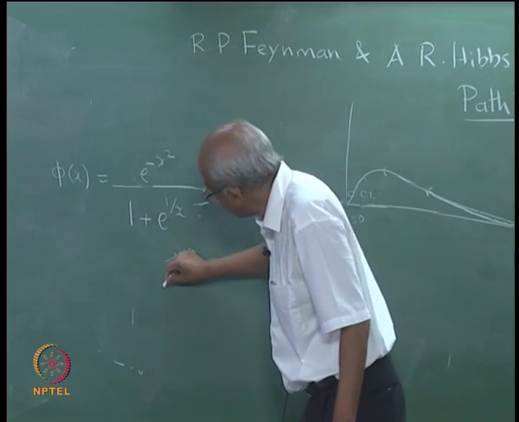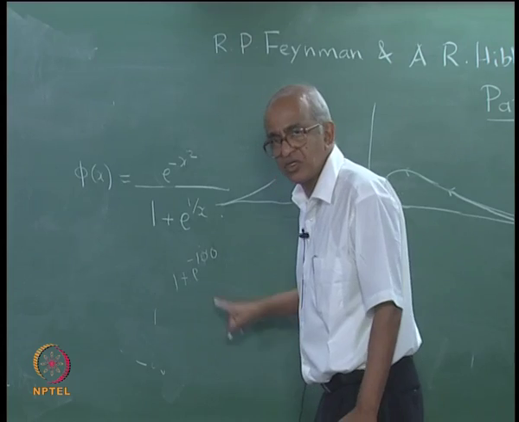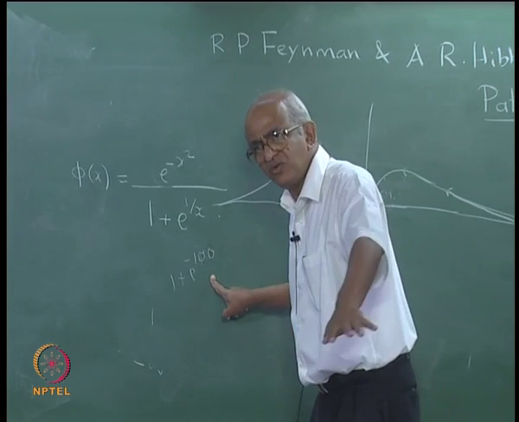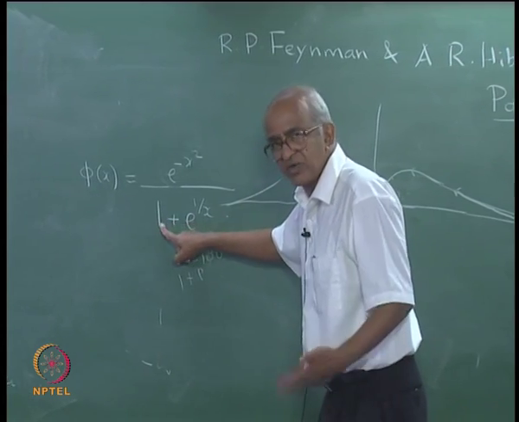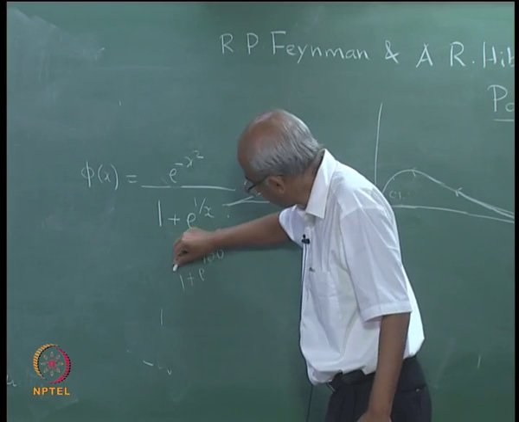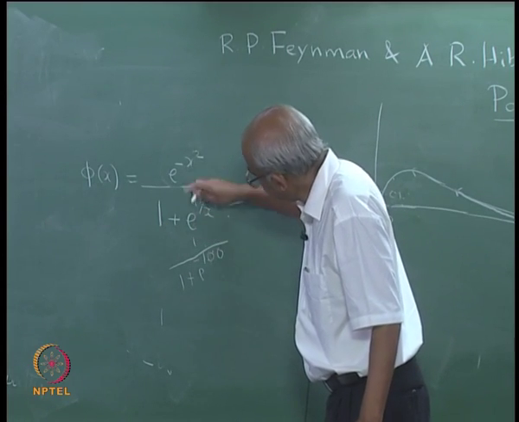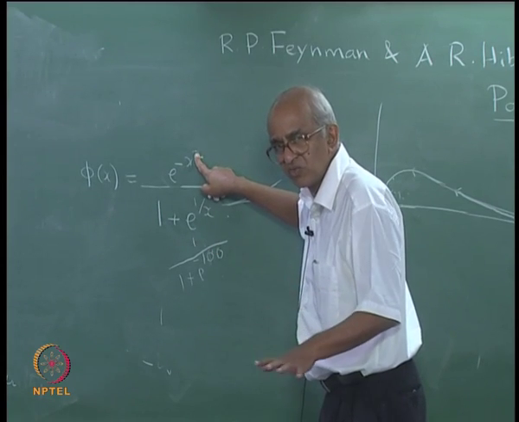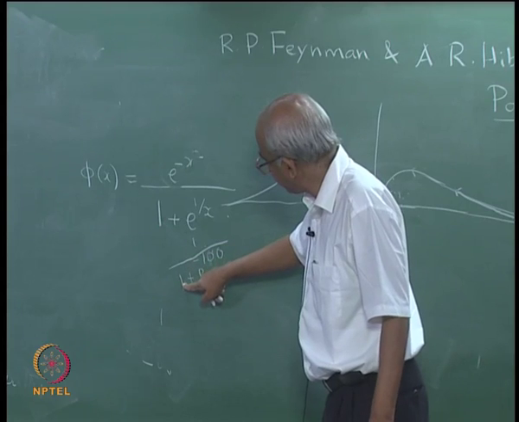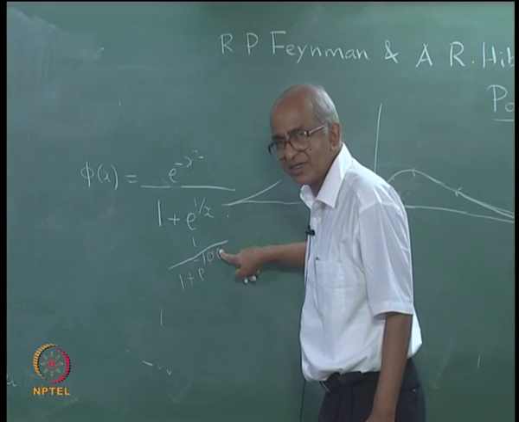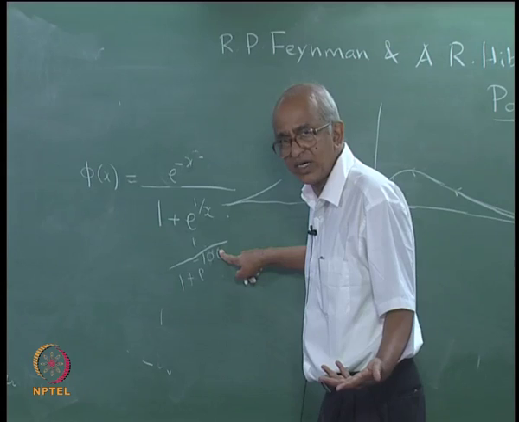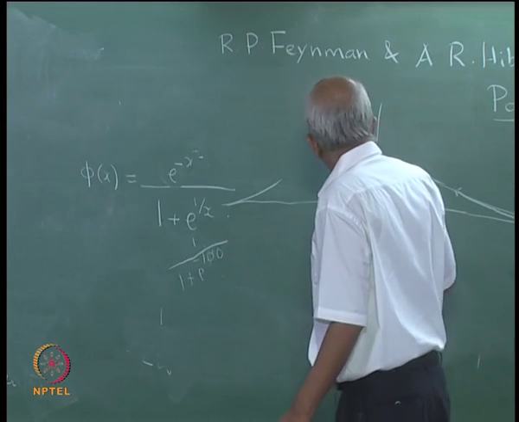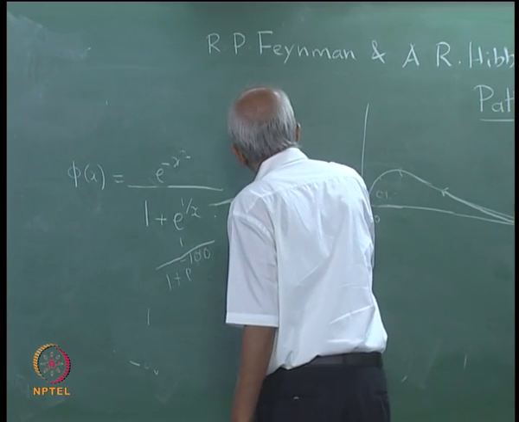So e to the power of minus 100 plus 1, where e to the power of minus 100 is almost 0. Therefore, this 1 you cannot neglect. So you will have 1, and in the numerator x is very small, so e to the power of minus x square is almost 1. So you will have 1 divided by 1 plus e to the power of minus 100, and how much is that? It is 1. So as you approach x equal to 0 from the negative side, what happens?